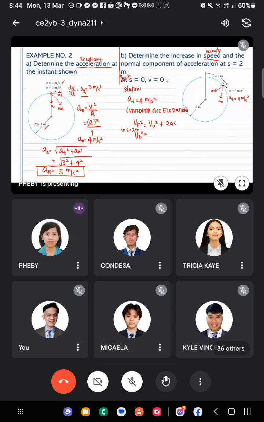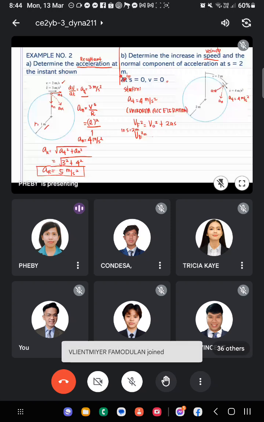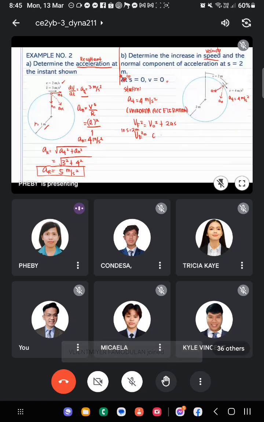Yung kanyang initial is 0, or starting from s is 0, and velocity niya daw ay 0, kaya yung kanyang initial velocity is 0. Plus 2, acceleration is 4, or at natin, 4, and s is equals to 2 meters. So 2 times 4 times 2, and then square root is, velocity final is 4 meter per second.